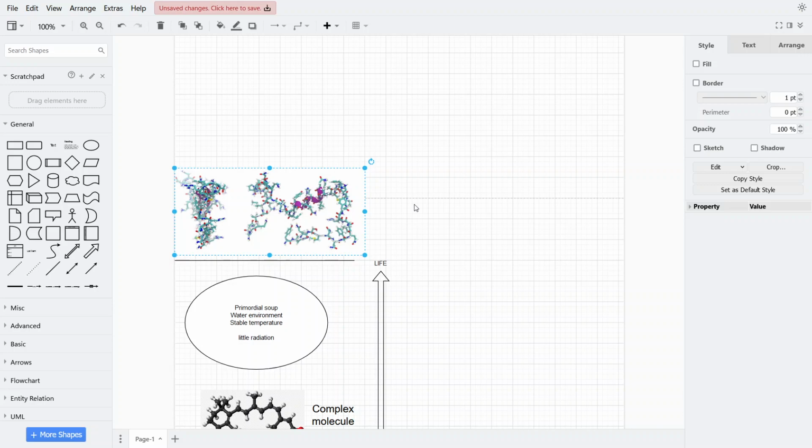To get to things like life, you need a molecule or a molecular structure, let's say something like this, that preserves itself.